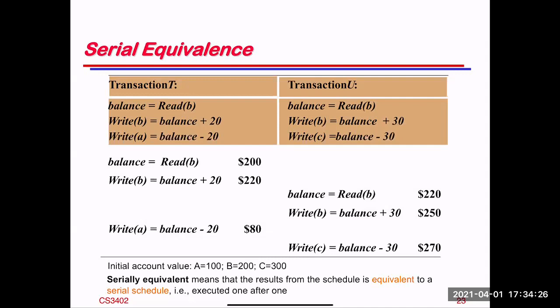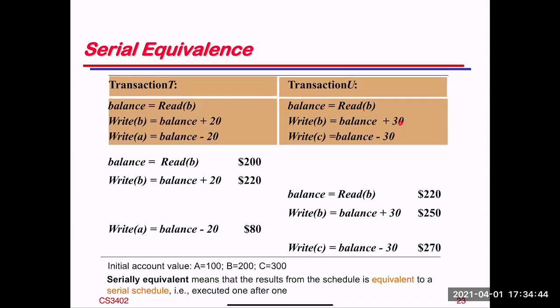So here again, let's look at the two transactions that we saw two slides earlier, right? T and U, where we increase the balance, and we have these three accounts, A, B, and C, and we are doing some increases and decreases here.